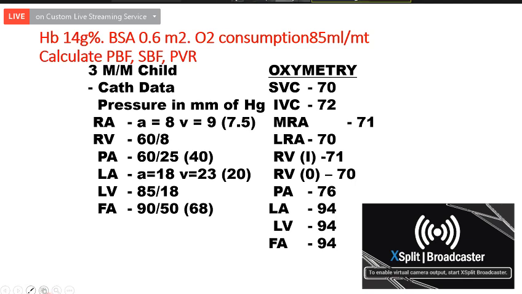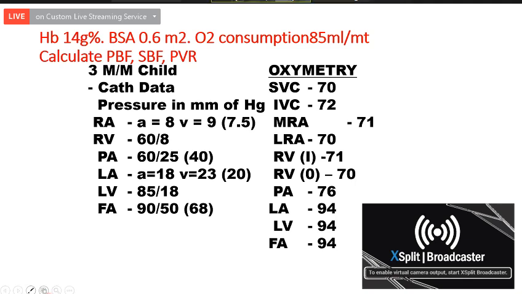Resistance is pressure by flow. Not pressure by flow, pressure drop by flow. So what is the formula for pulmonary vascular resistance? What is the pressure drop? Mean pulmonary artery pressure minus mean LA pressure.